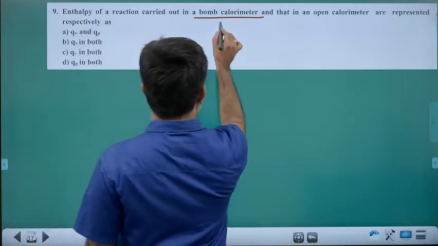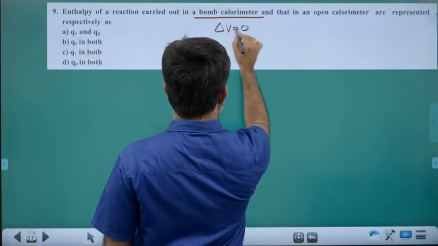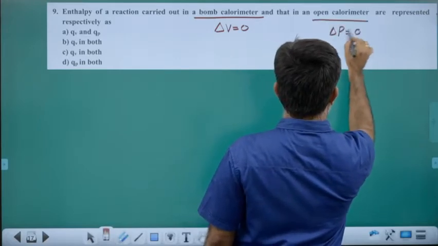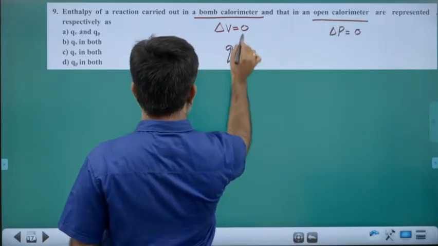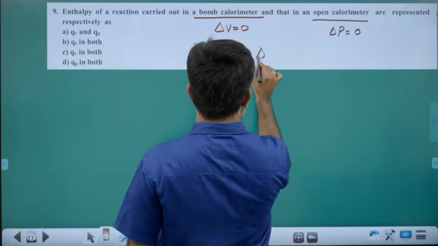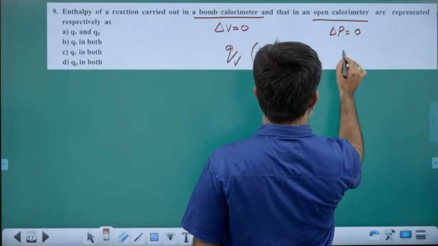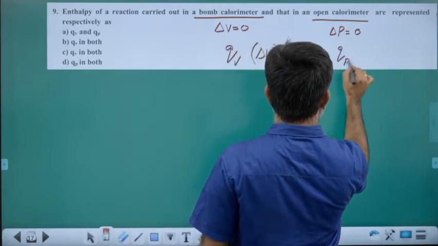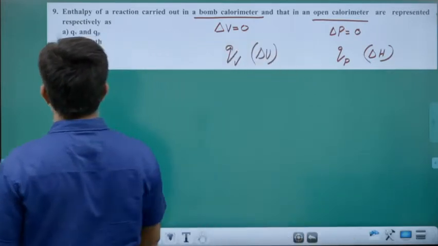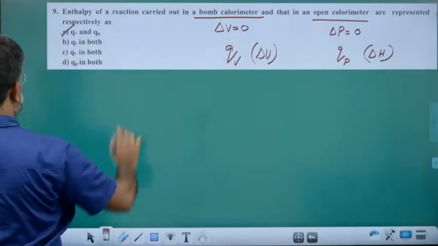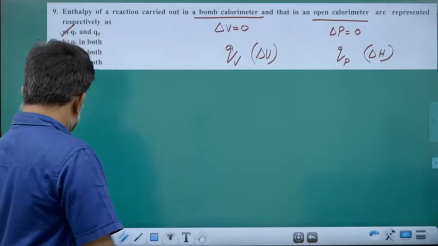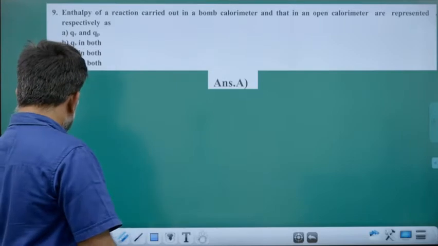So here volume remains constant and here pressure remains constant. Heat at constant volume, that is QV, that is delta U. Heat at constant pressure, that is QP, that is delta H. So QV and QP. Option A is the correct answer. Next one.